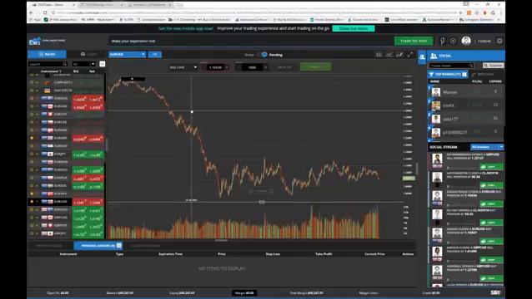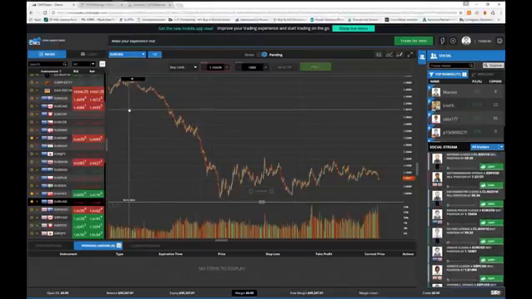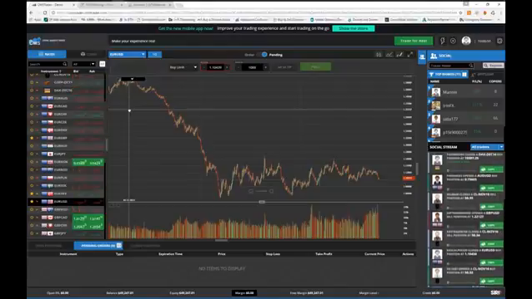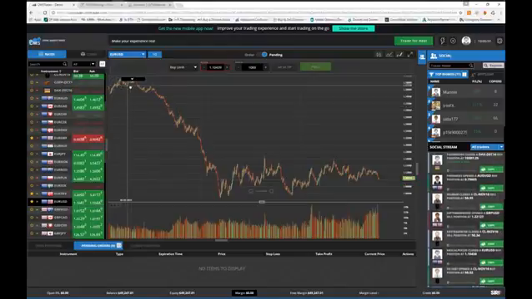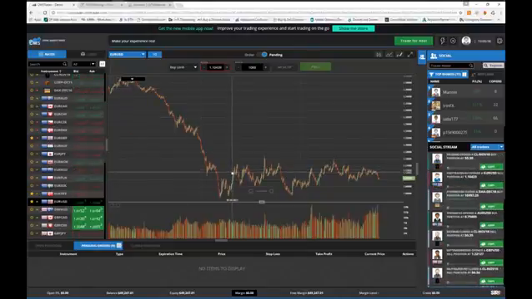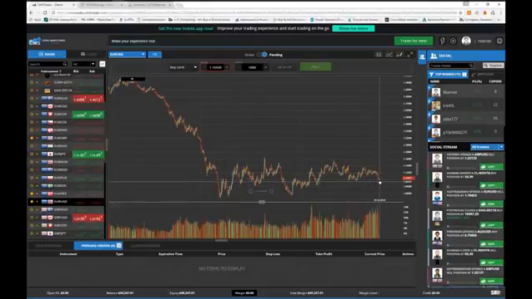So ever since around April 2014, the euro-US dollar cross has been downtrending, and ever since 2015 till today, it's been sideways action.